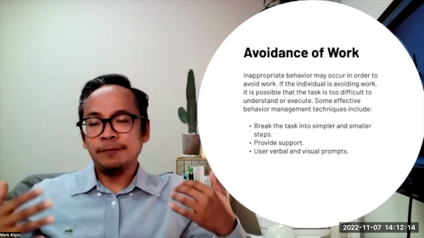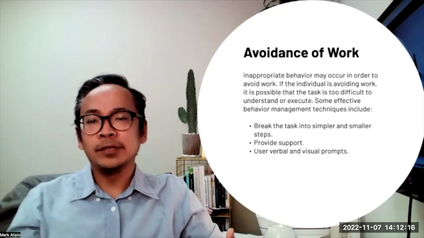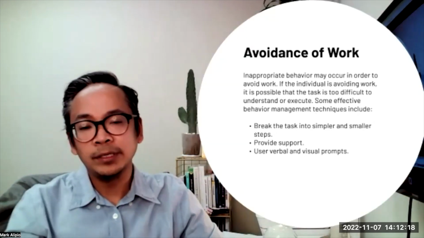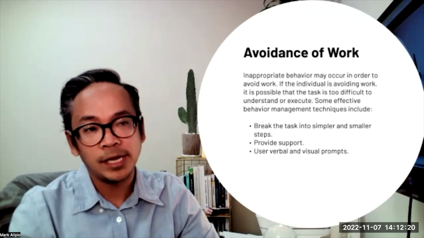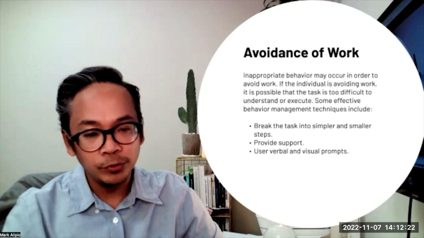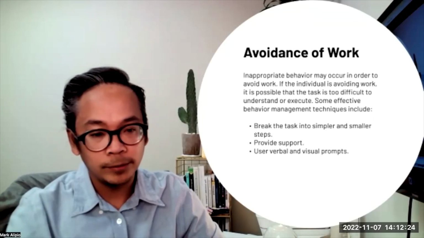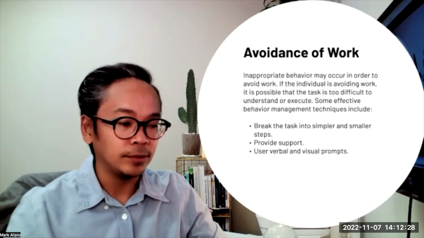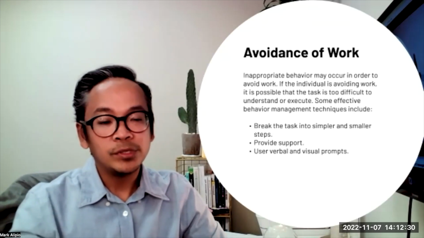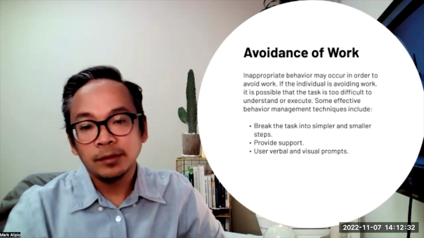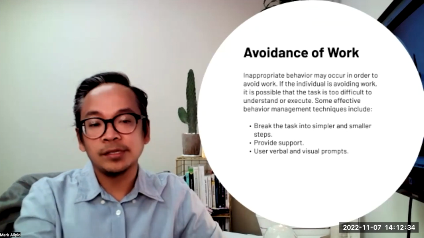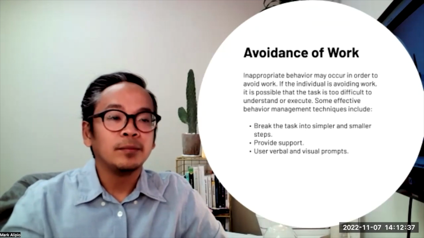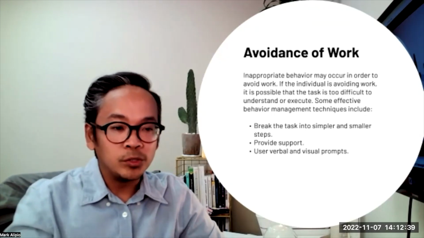And second thing is that when an individual avoids work or says no, right? Typically, sometimes they feel that they're not confident to physically complete the particular task. So in order for you to address these resistive behaviors, providing support is one of the best things that you could do, right? I know that you may not want to do that right now.